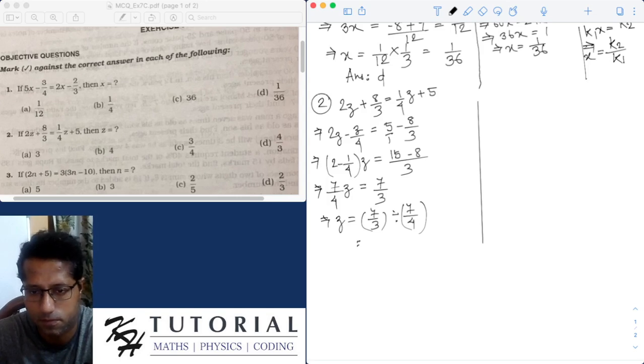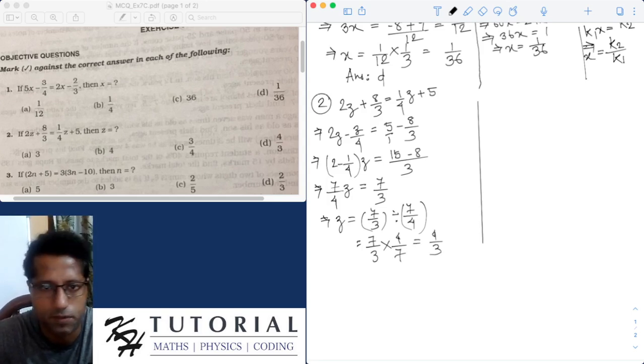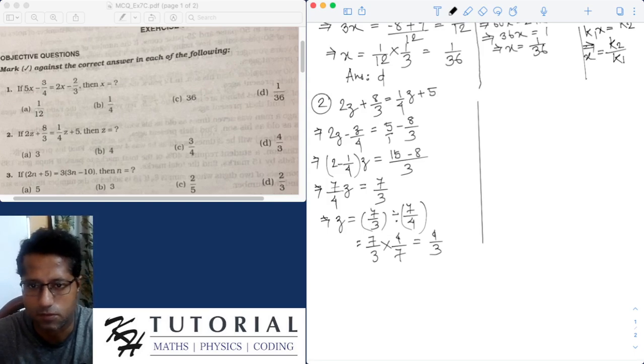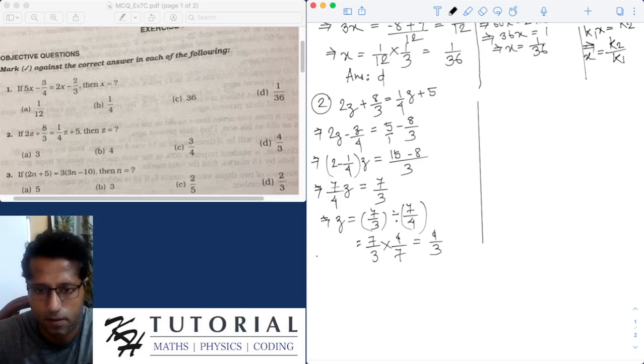So this becomes 7 by 3 multiplied by the reciprocal of 7 by 4, that is 4 by 7, and this is 4 by 3. Okay, so definitely the answer is choice D.